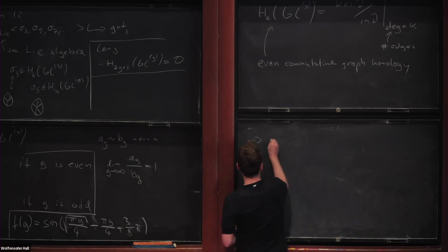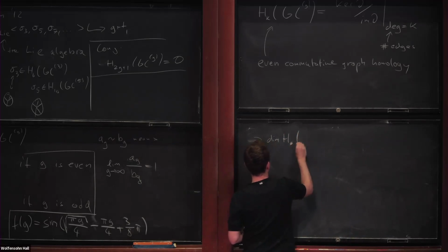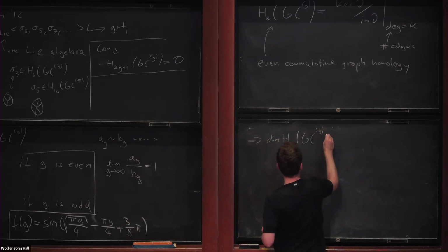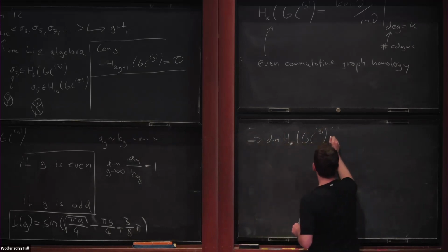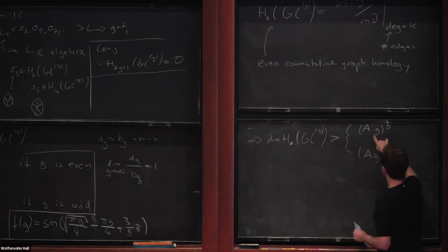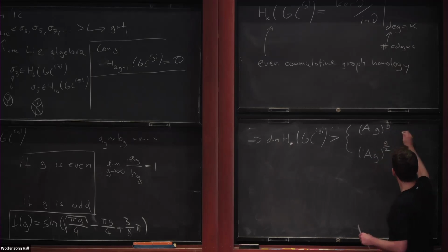It follows from this that the dimension of the total graph homology, so the sum of all the degrees at fixed genus, is larger than some constant a to the power of g, or a times g to the power of g, or a_g times g to the power of g over 2 for even g or odd g.